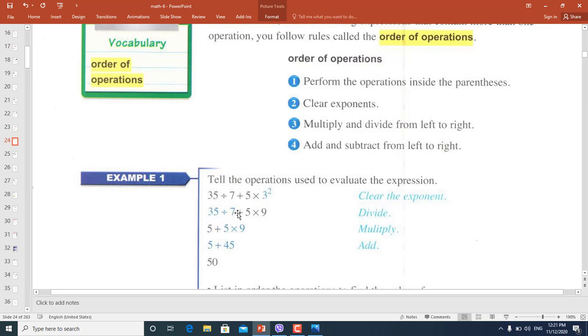And after that, any sign or number we have, we write again: plus 5 multiply 9. If you have multiply, you must solve it. Yes, we have. So 5 I bring down and plus 5 times 9 is 45. From there we just have plus, so you solve 5 plus 45, it's 50.